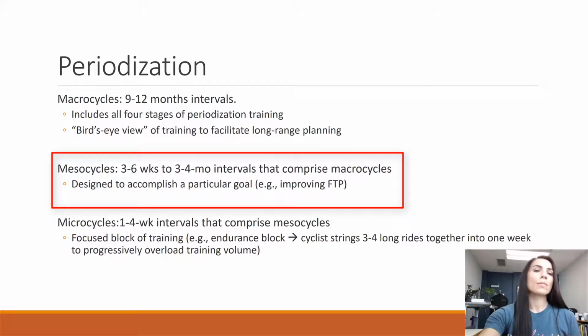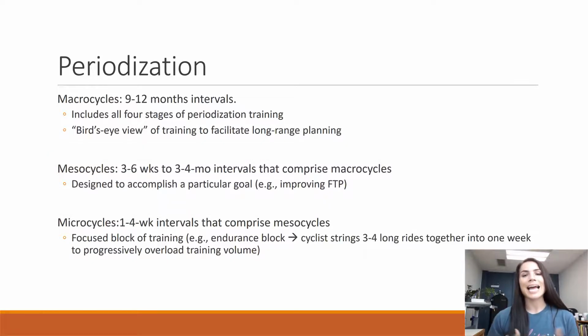So for instance, your client might have a goal of improving their FTP, which is their functional threshold power, if your client is working on more endurance-based programming. So if you have a cyclist, FTP is something that they are probably looking into, and essentially what they're trying to get with functional threshold power is their highest average power that they can sustain over a period of time. Usually that's an hour.